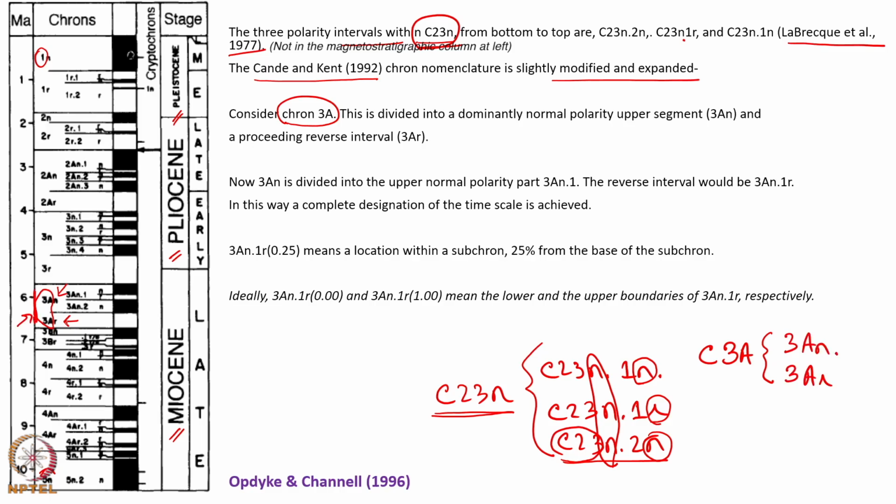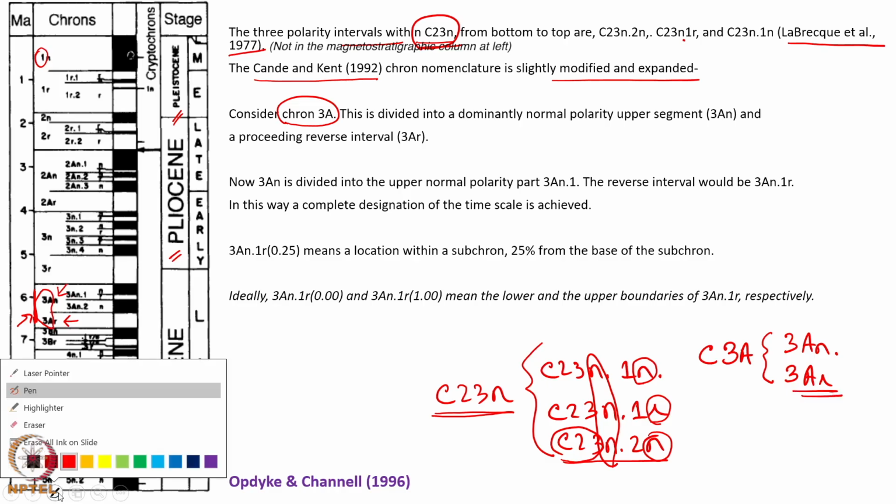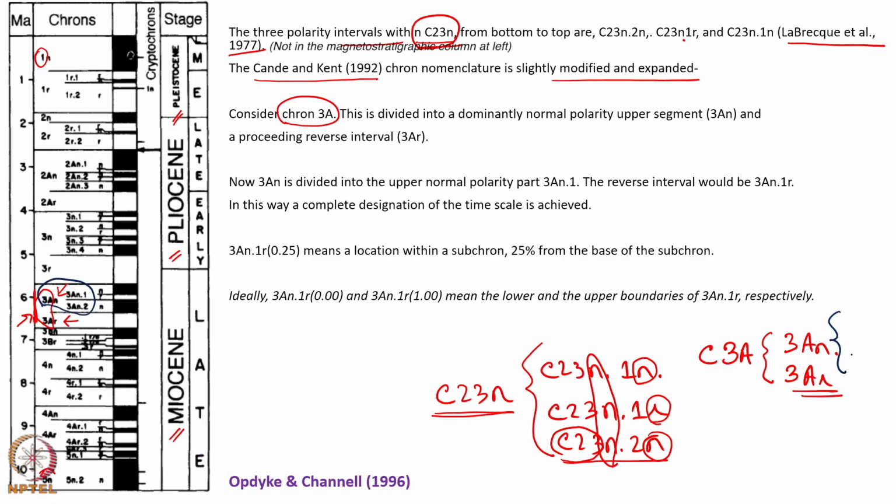This 3AR is not divided. Division is further made within 3AN. So, here there is a division. The bottom has been called 3AN dot 2, and the top has been called 3AN dot 1.